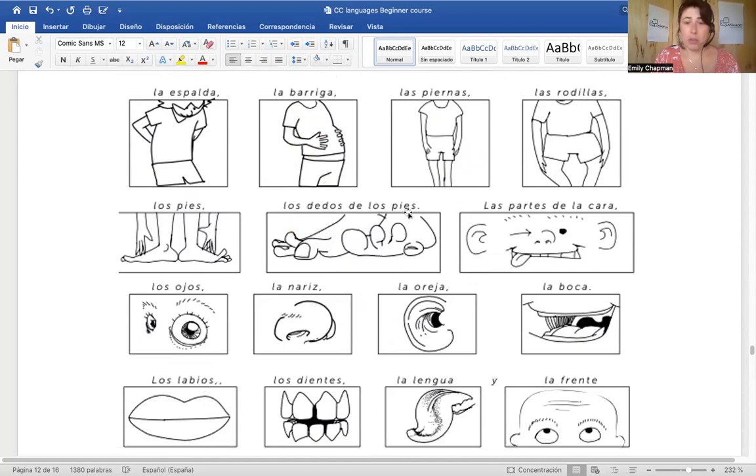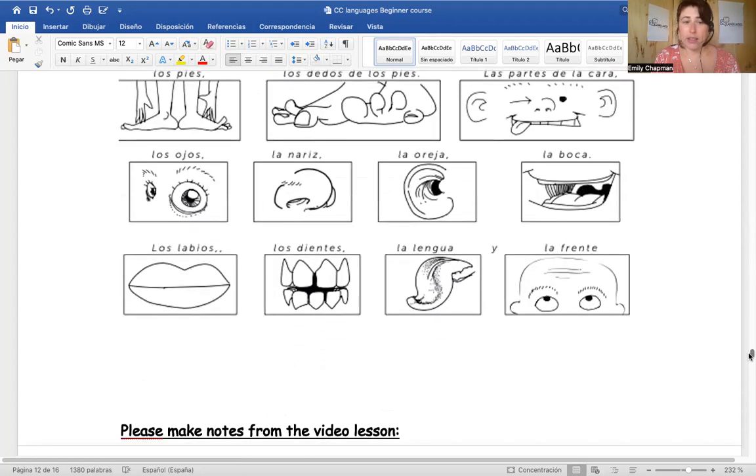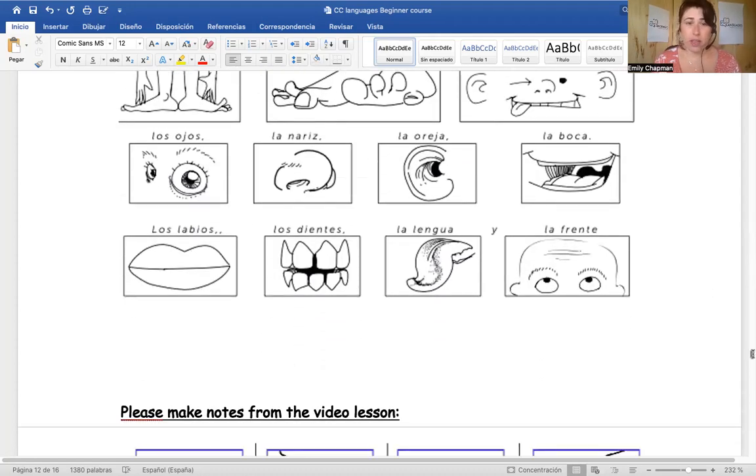Los dedos de los pies. Y ahora, and now, las partes de la cara, parts of the face. Los ojos, la nariz, la oreja, la boca, los labios, los dientes, la lengua y la frente.